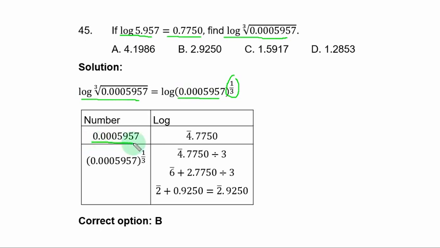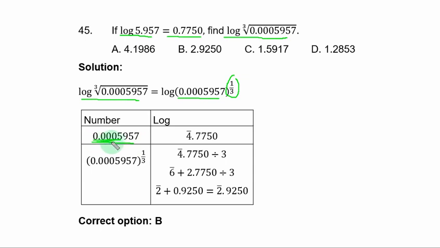Now, in logarithm, we get two parts. The first part is the integer part or characteristic part, and the mantissa or decimal part. To get the integer part, you can use two methods: the method of subtraction and the method of standard form. When the number is less than 1, like the one we have here, the best approach is standard form.